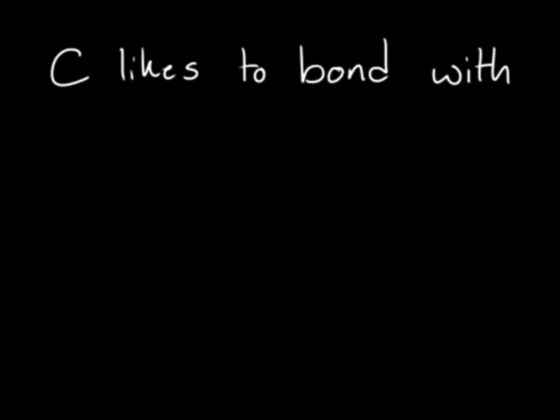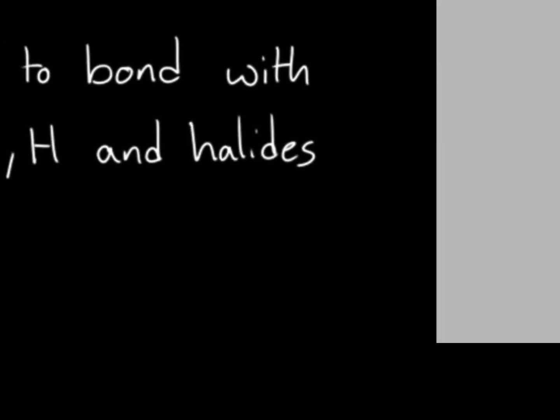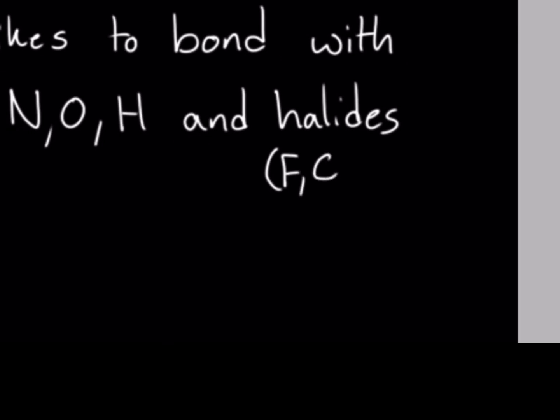Now, atoms that are most commonly bonded to carbon include nitrogen, oxygen, hydrogen, and the halides fluorine, chlorine, bromine, and iodine. So, with some exceptions, each element generally forms a specific number of bonds with other atoms.